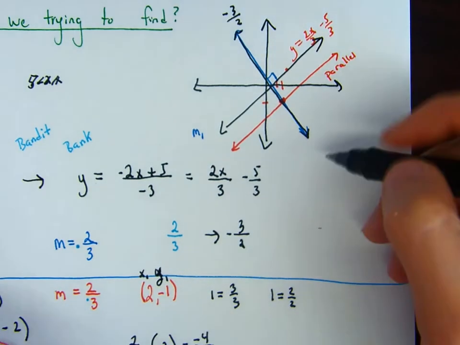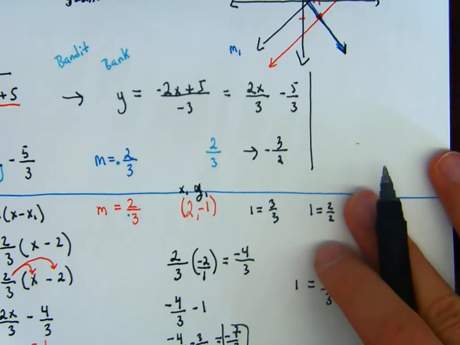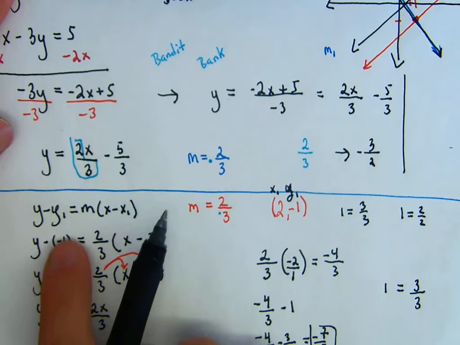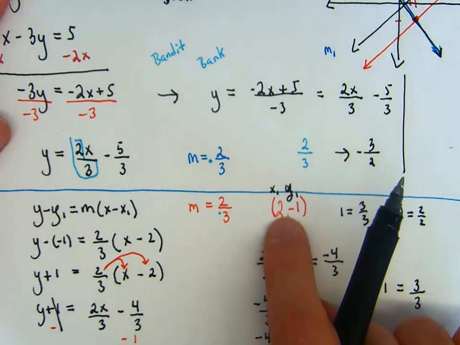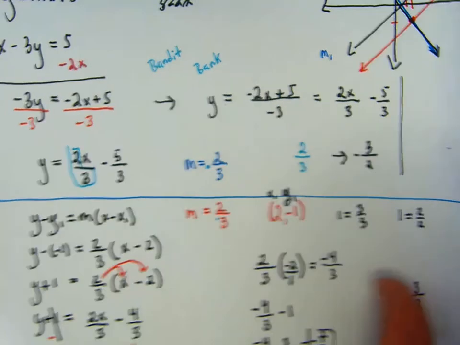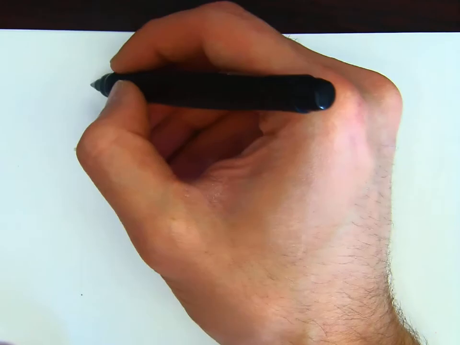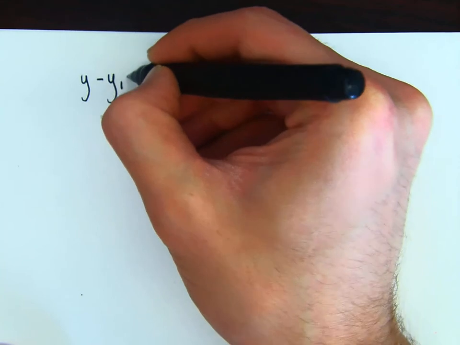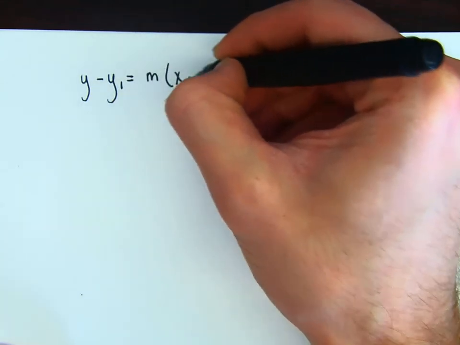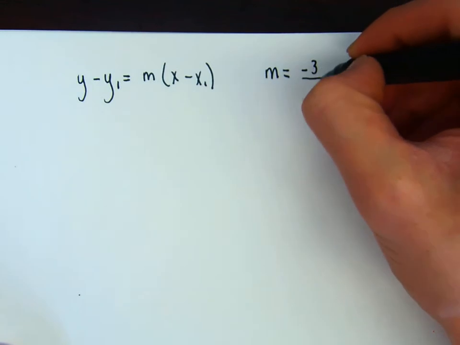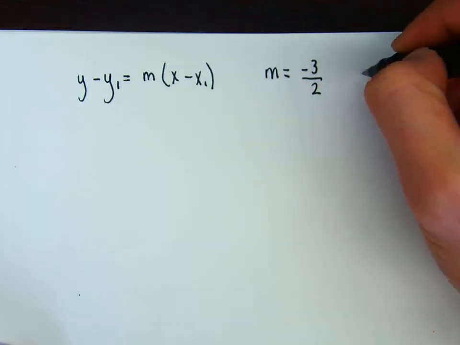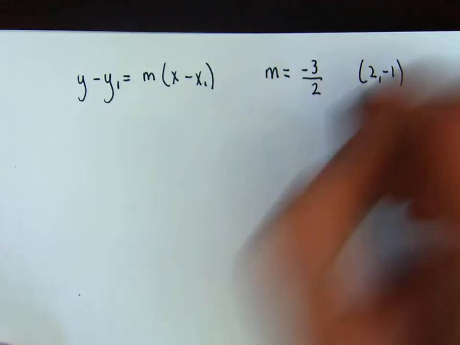Then we want to do the same thing we did over here. We use the point-slope formula, but now we're going to use this slope and this point. So let me get a new piece of paper. We have y minus y sub 1 equals m times x minus x sub 1. Now here our slope is negative 3 over 2 and our point is 2 comma negative 1.